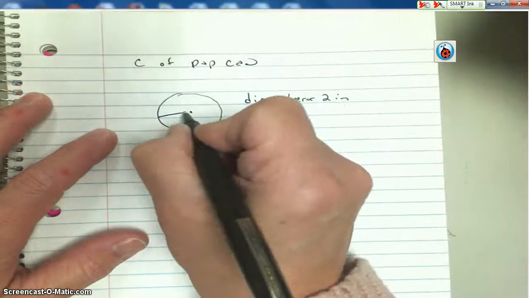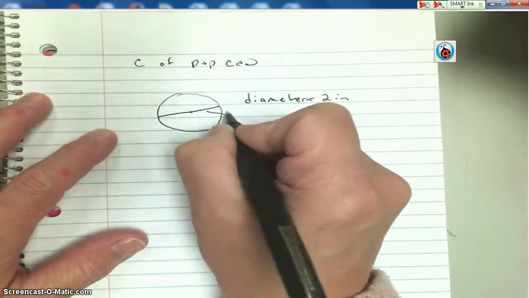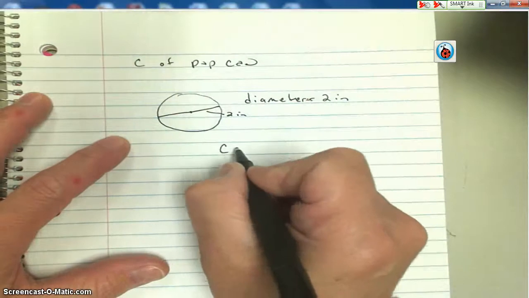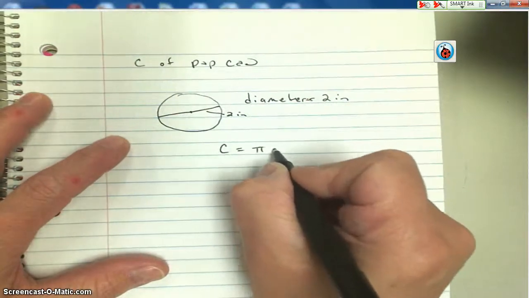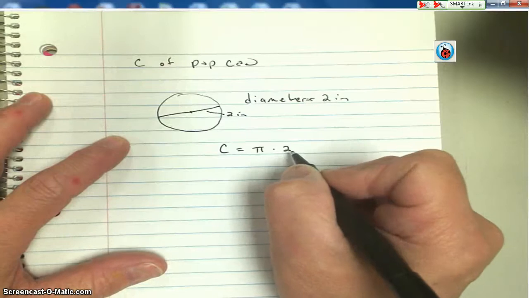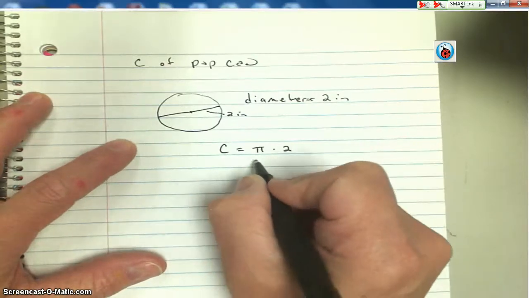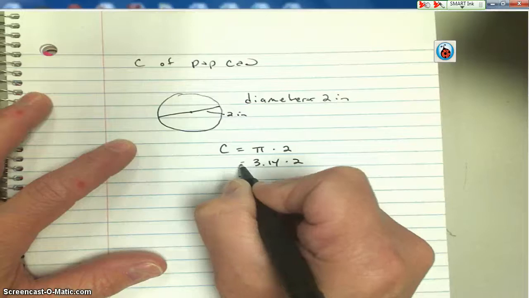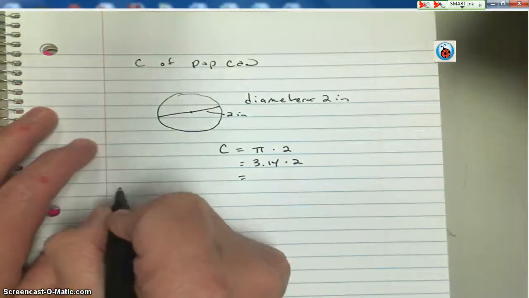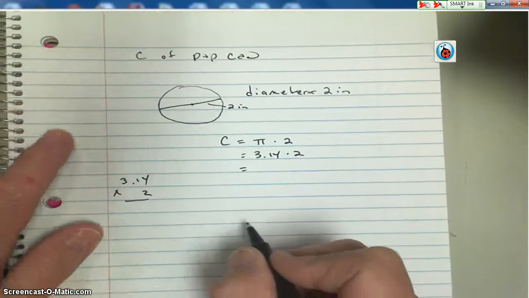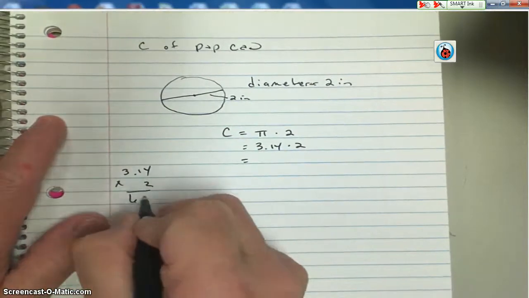So we'll draw our diameter, and that's about 2 inches. And keep in mind our formula, circumference is equal to pi times the diameter, which in this case is 2. So we say 3.14 times 2. If we calculate it off to the side, 3.14 times 2 is equal to 6.28.